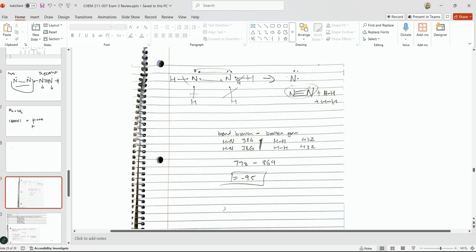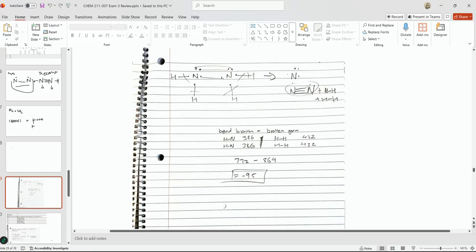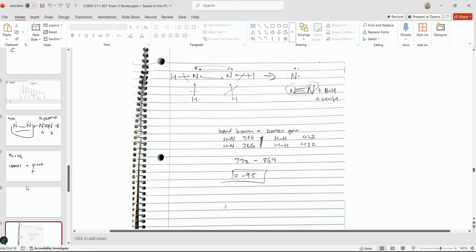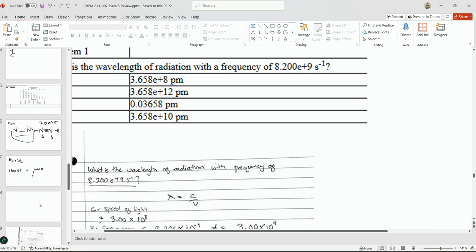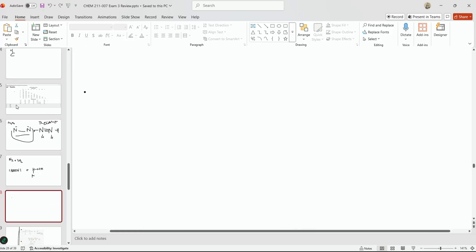So we have 4, 2 bonds being broken. So we just have that. Still doesn't make sense. Huh. Okay, I don't know. This question still doesn't make sense.